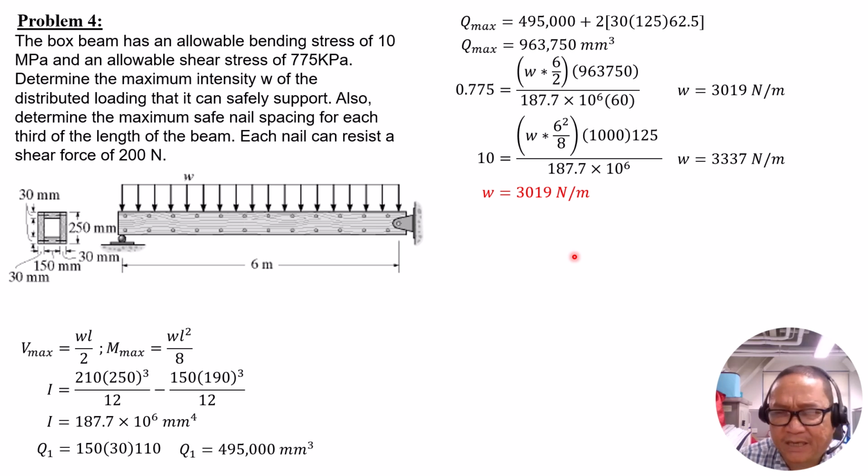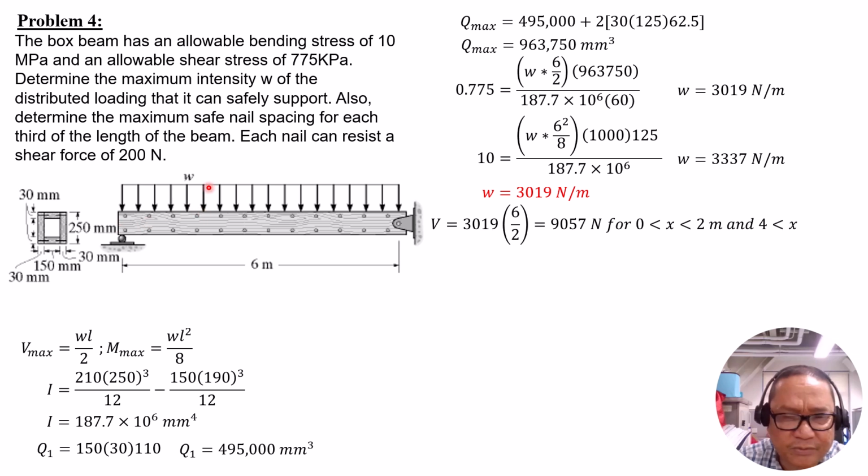Then for the spacing S, we have to compute the shear force for the section 0 to 2, and by symmetry, it is the same maximum shear from 4 to 6. So same for that section and that section. The maximum shear force is simply the reaction, which is WL over 2, so 9057 newtons.